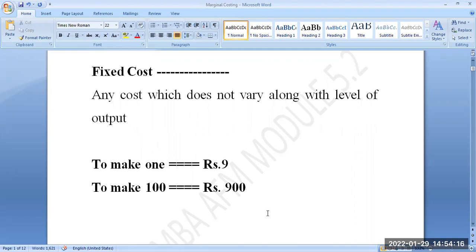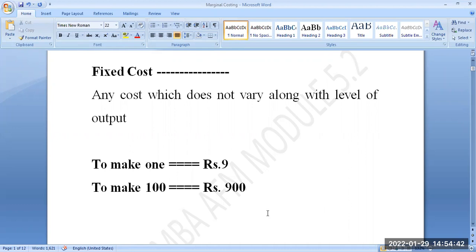Any example for fixed cost? Insurance? Landline telephone connections. A landline telephone connection is an example of fixed cost. Is it so? However many calls you make, will they charge only 100 or 1000 or 2000? Is it not based on the number of calls you make?